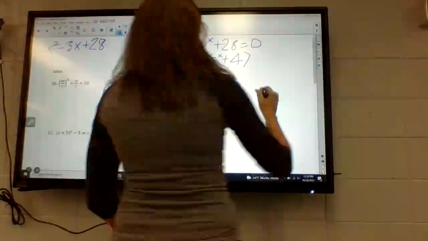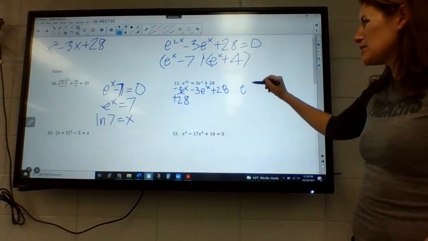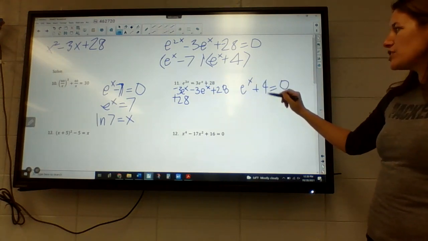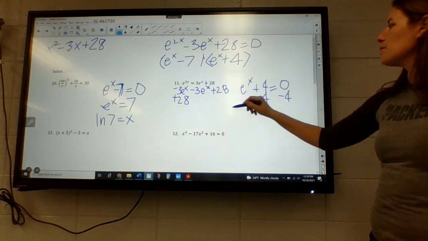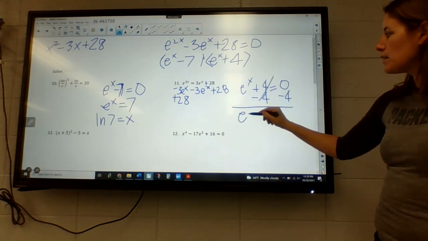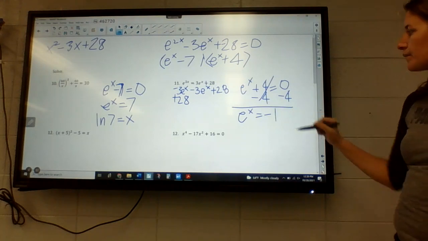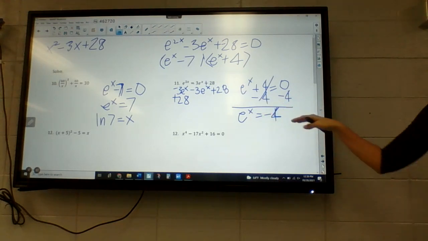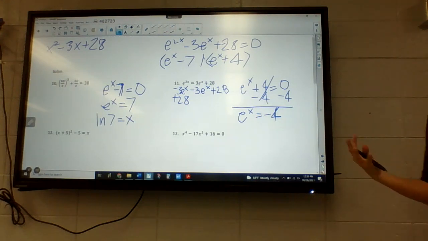However, this other one, we talked about this very little when we talked about logarithms. You can't actually take the logarithm of a negative number. It's not possible. So when you go to solve this one, because essentially what they're saying here is e to some power is going to equal -4. That's never ever going to happen.